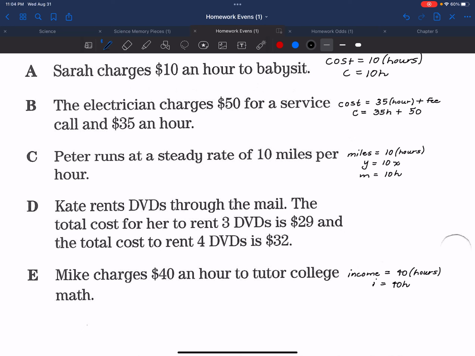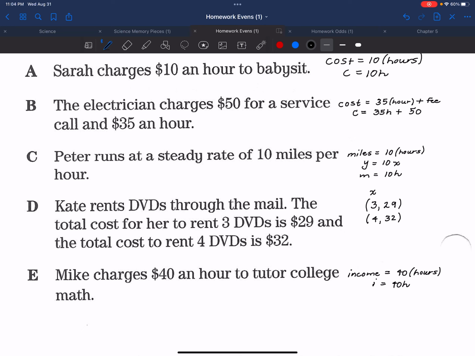In D, let me think how best to explain it. Let's do it this way. When X is 3, Y is 29. When X is 4, Y is 32.